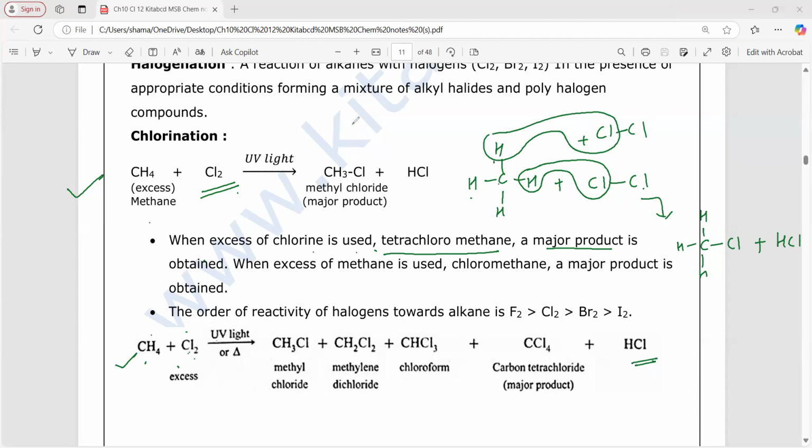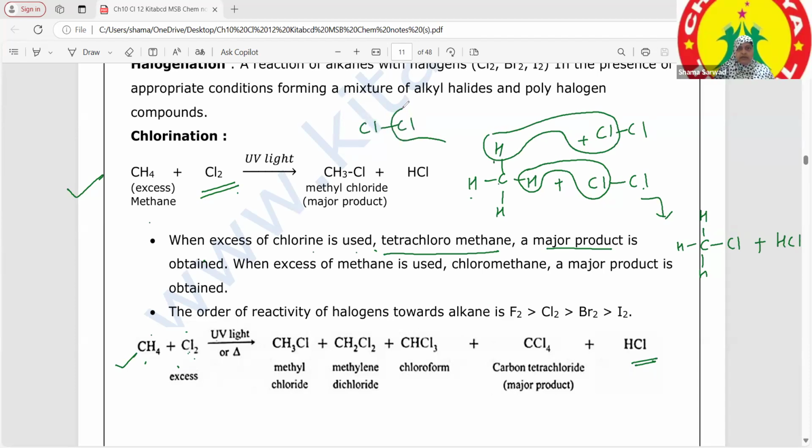Again, if I add one more chlorine, it forms HCl and the chlorine takes this place. The same thing happens for all the hydrogens, and you get the tetrachloro derivative of methane, CCl4, as the major product. All hydrogens have been replaced with chlorine.